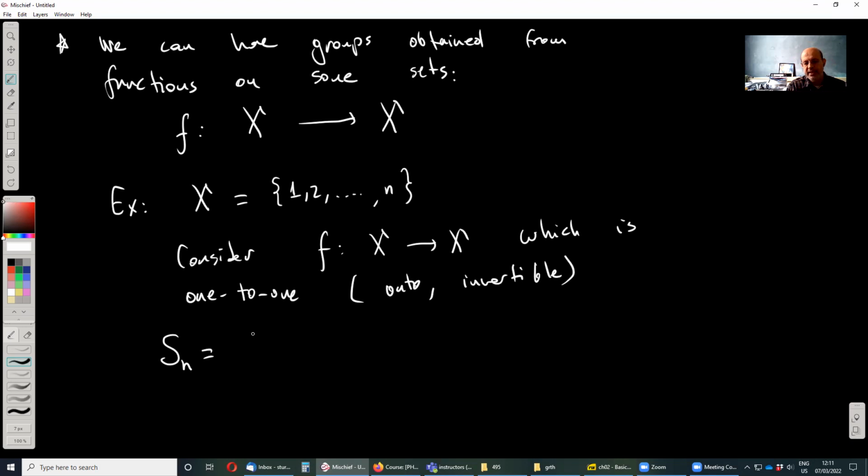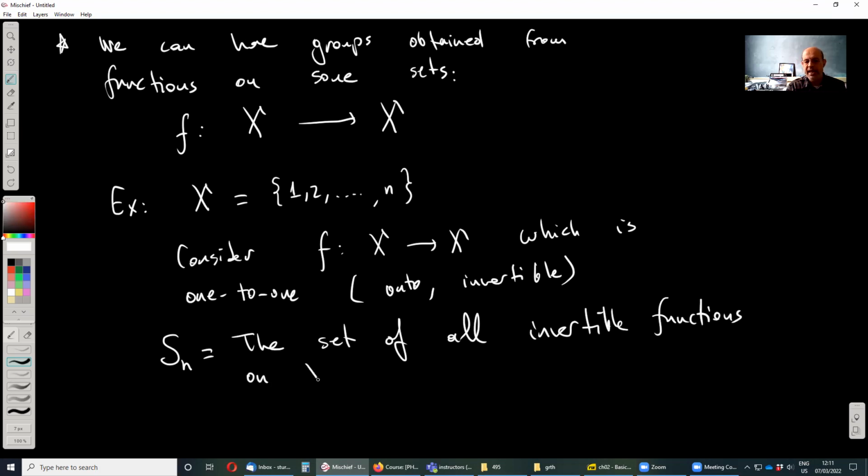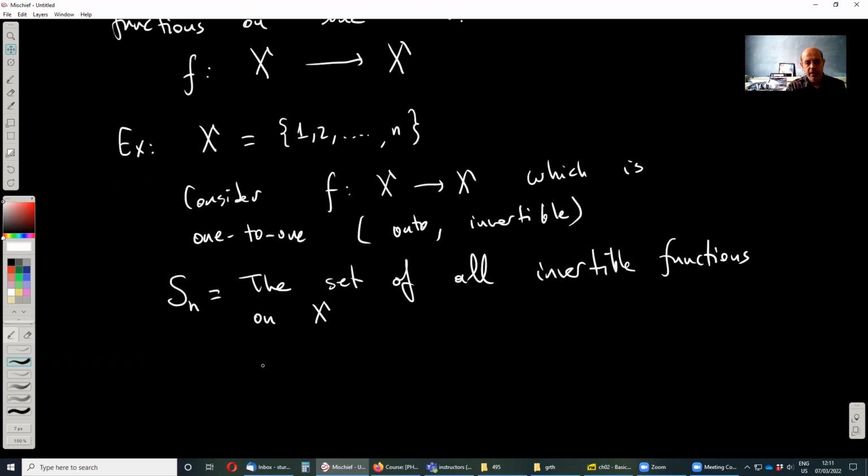So these are basically the set of all invertible functions on X. I don't actually have a nice mathematical way of defining this in set notation, but let's just say it like this.